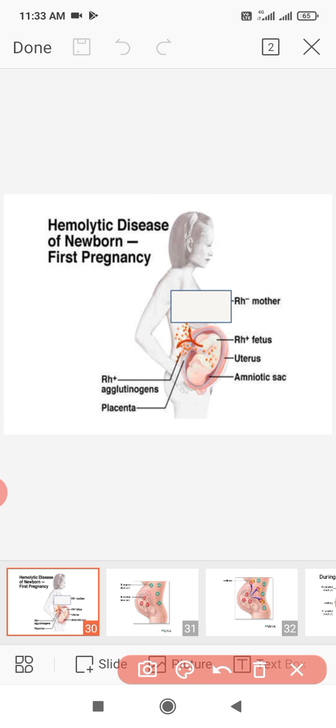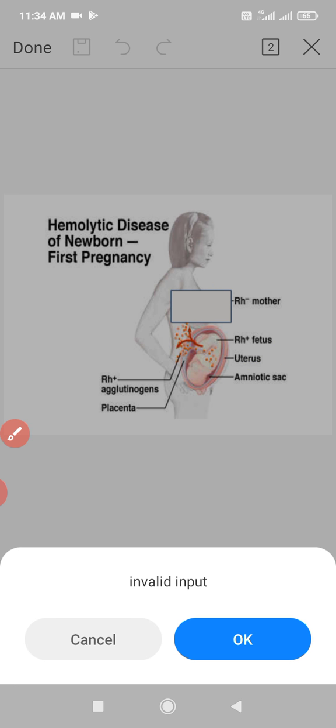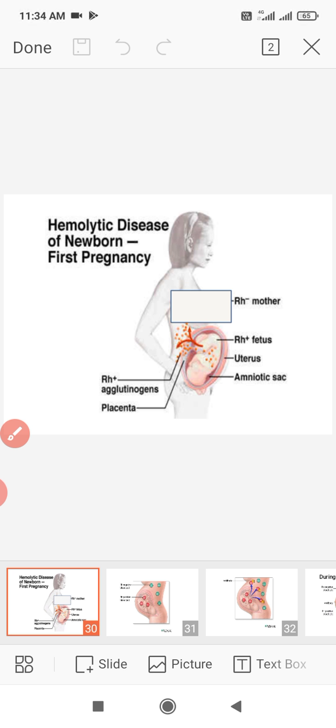The mother is RH negative, that is very important. If the mother is RH negative and the baby is RH positive, this is the uterus. Clear? The mother is RH negative and the fetus is RH positive.